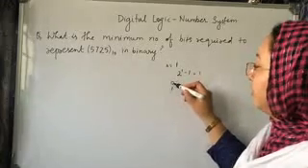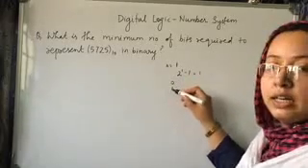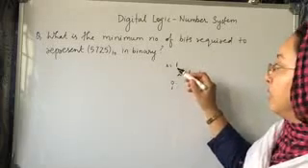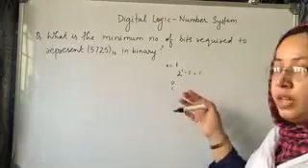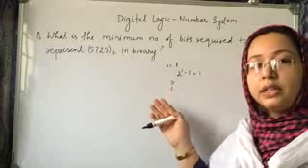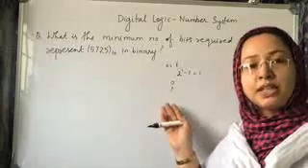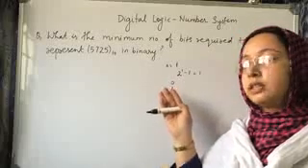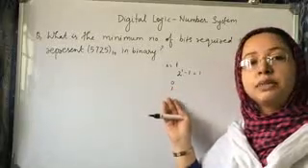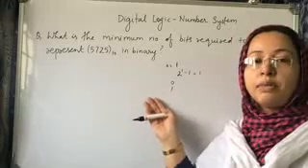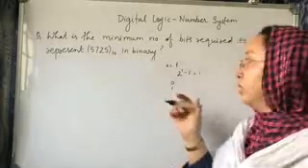This is the lowest number and this is the largest number you can represent in 1 bit. The total count of numbers is 2, but the largest number is 1 and the smallest number is 0.